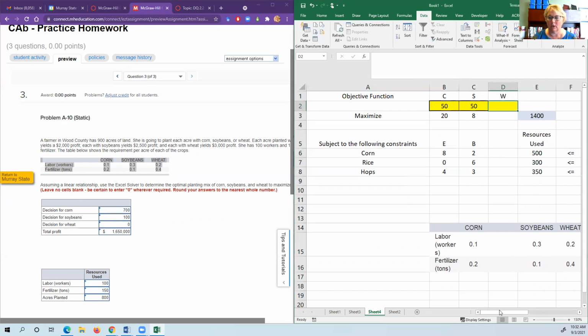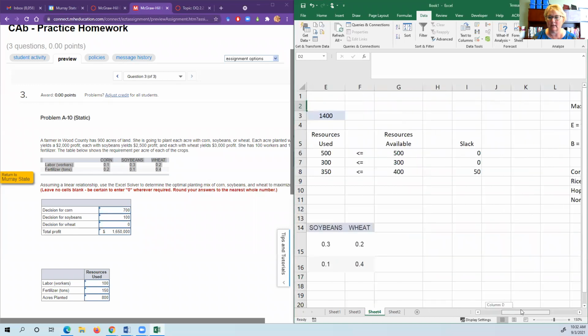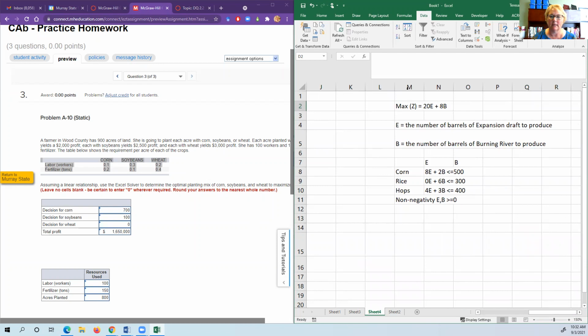Okay, so as I write, I need to state my objective function, and we know that for each acre of corn, it's going to be $2,000 in profit. For each acre of soybeans, it's going to be $2,500 in profit. And for each acre of wheat, it's going to be $3,000 of profit.